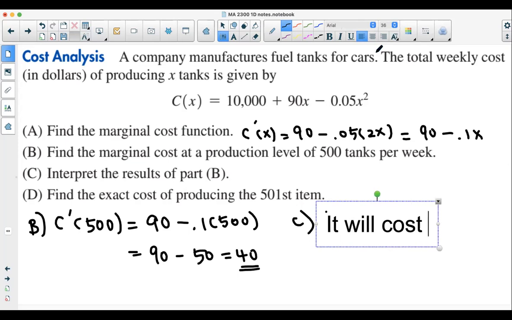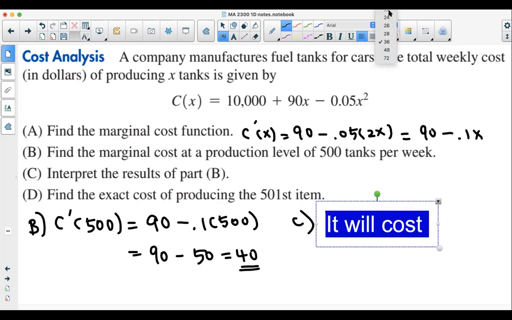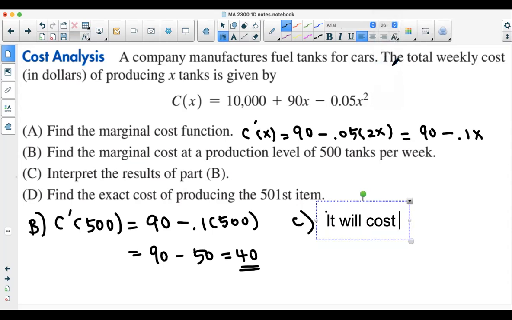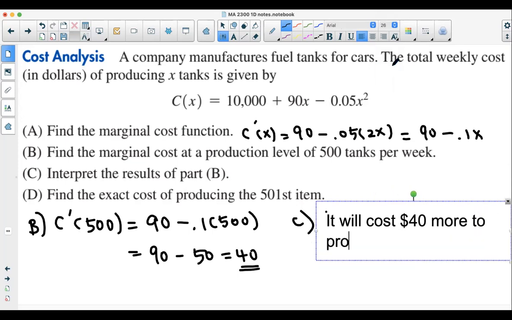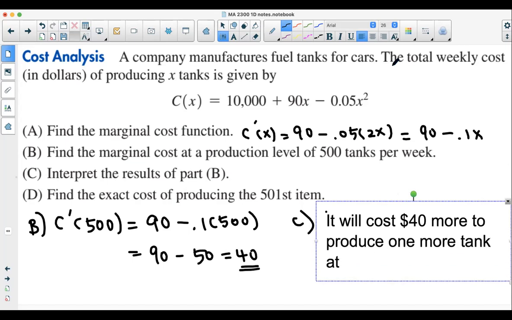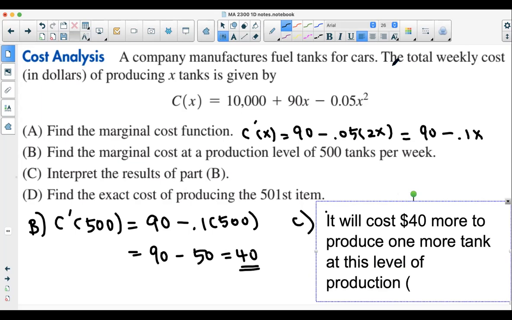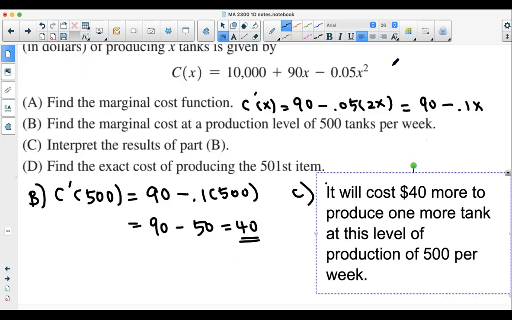It will cost $40 more to produce one more tank at this level of production of 500 per week. Okay, so that's basically what's happening.